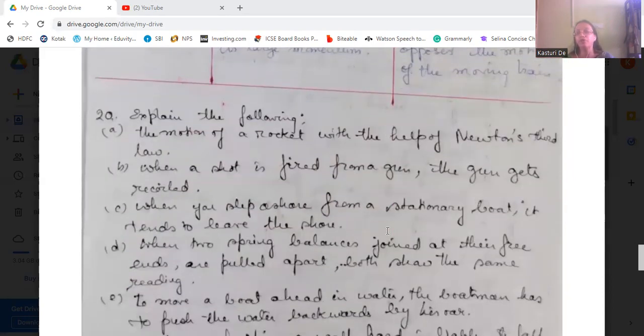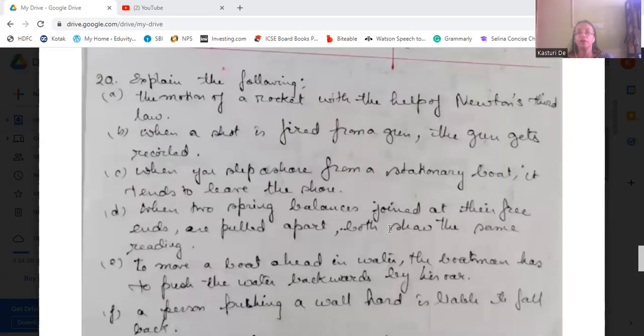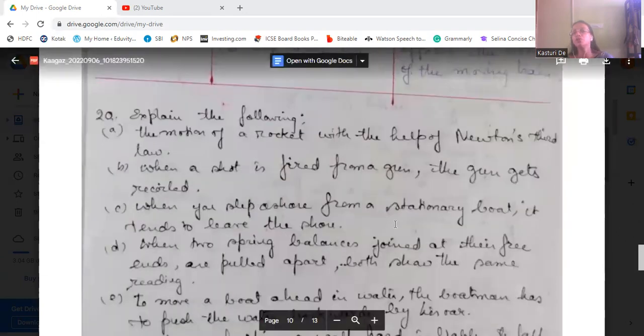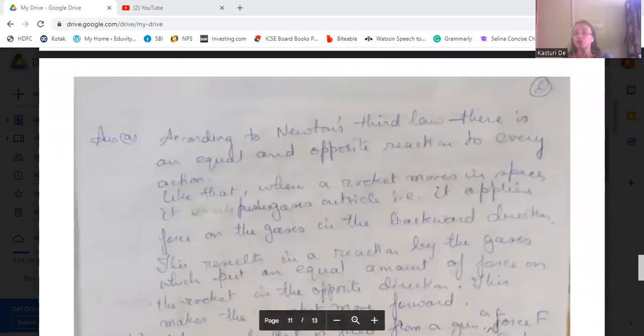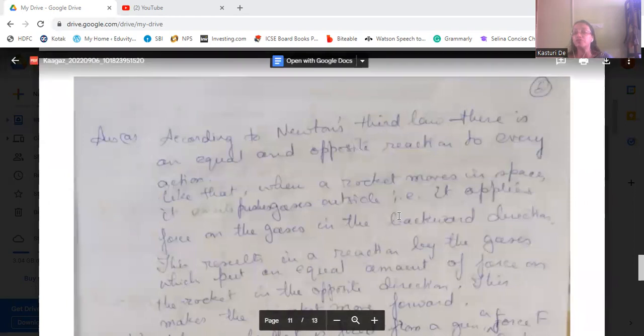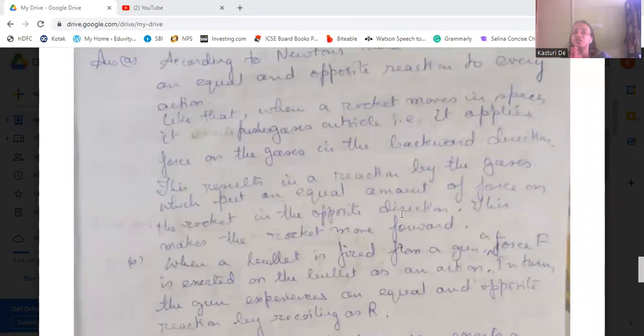Now explain the following: the motion of the rocket with the help of Newton's third law. When a shot is fired from a gun, the gun gets recoiled. Okay? First, the motion of the rocket with the help of Newton's third law. According to Newton's third law, there is an equal and opposite reaction to every action. So when a rocket moves in space, it pushes the gases outside.